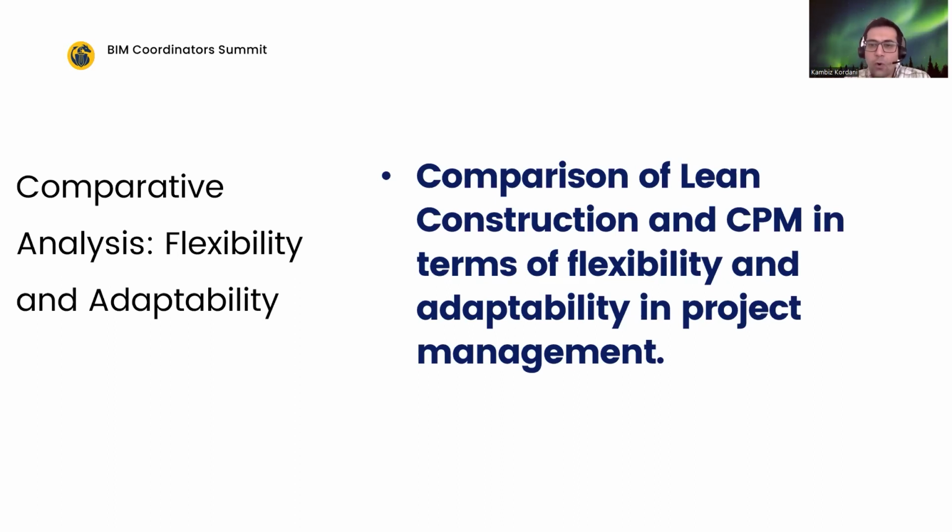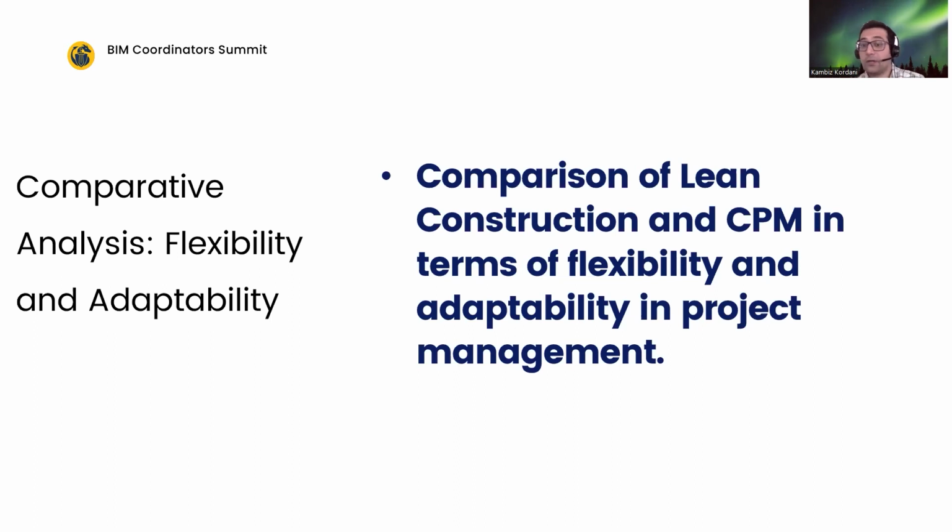By involving all project stakeholders in the planning process and focusing on pull planning, the last planner system enables real-time adjustment to project plans, accommodating changes and unforeseen challenges efficiently. This contrasts with the critical path method's more rigid structure, which, while providing a clear project roadmap, can be less accommodating to changes once the project is underway.